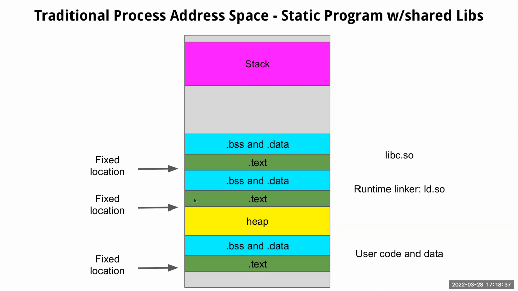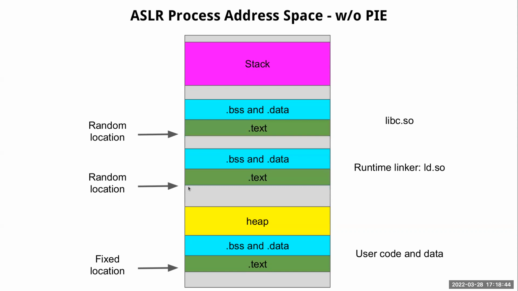So this is the architecture we have been using for a very, very long time before ASLR. Now, if we use ASLR without PIE, position independent code, the kernel will load the user code and data to a fixed location, because the user code is not PIE, not position independent.